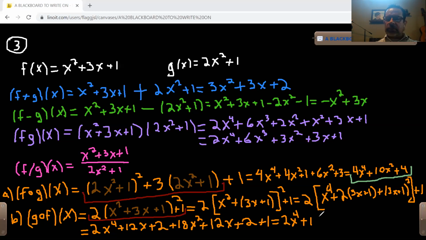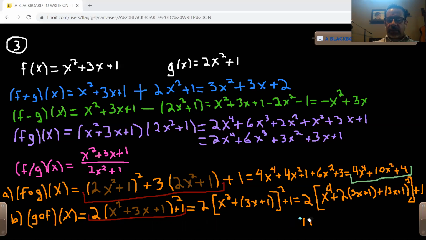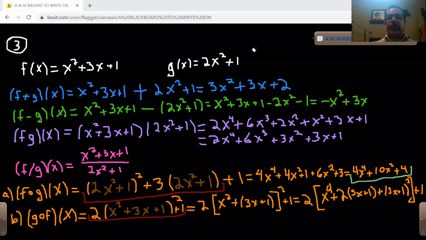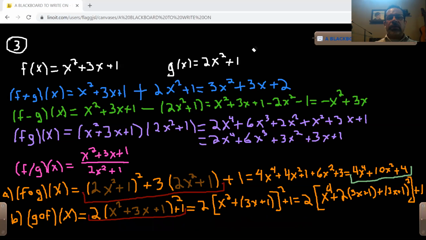Let me correct something here. Okay, I'm going to erase this part here in the bottom. It's very important for you guys to follow along because I might make a mistake. And the important thing about making mistakes is to recognize that you've made a mistake and correct it. I did make a mistake here.